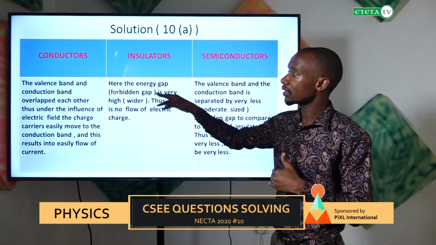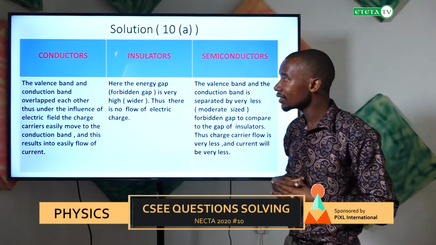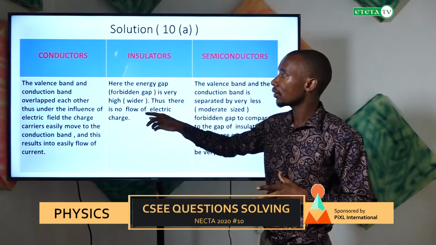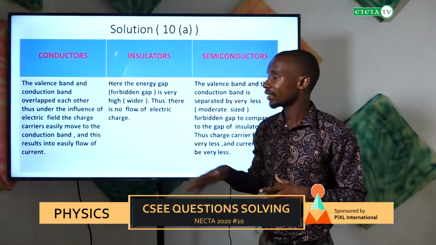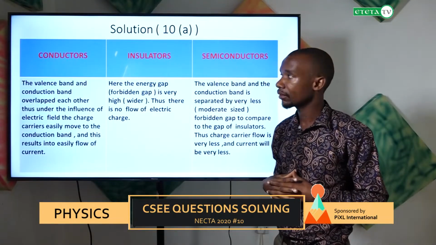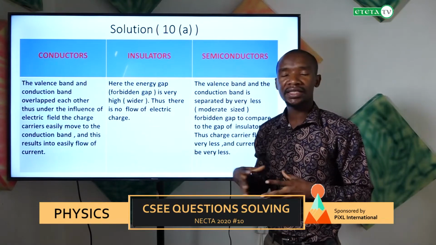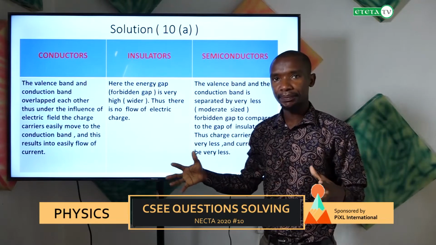But in insulators, this forbidden gap is very large. This being very wide or very high, there is no flow of what? Electric charges. Simply, in insulators, there is no flow of electric charges because the forbidden gap is very wide.